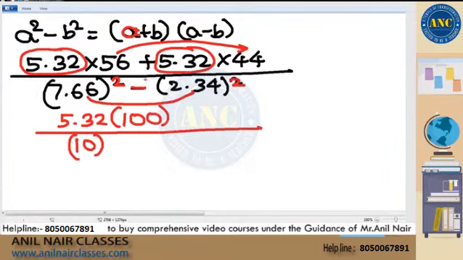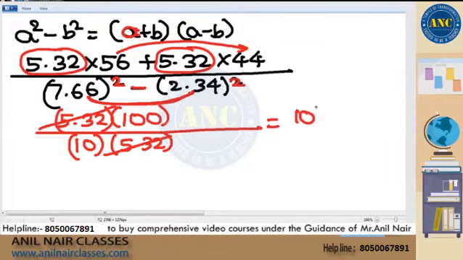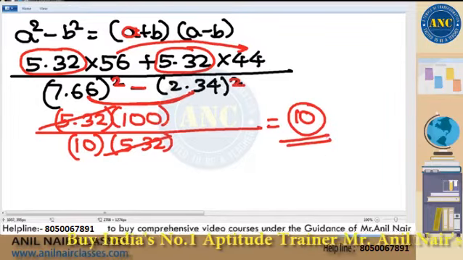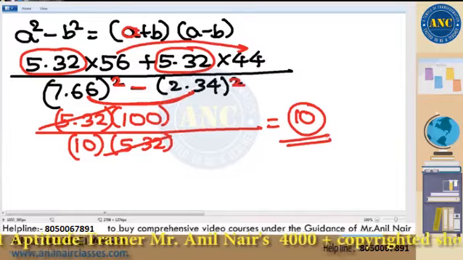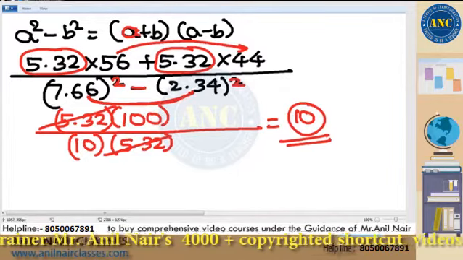A minus b is 7.66 minus 2.34, which is nothing but 5.32. 5.32 will cancel with 5.32. 100 divided by 10 is 10. Answer for this question is 10.